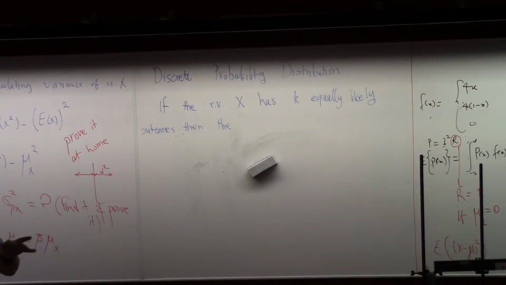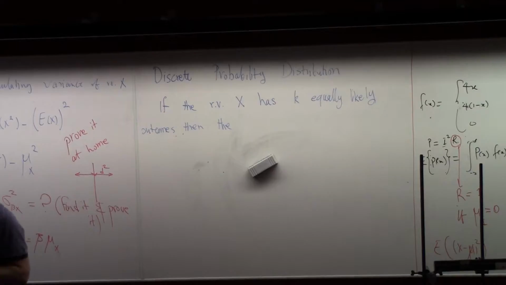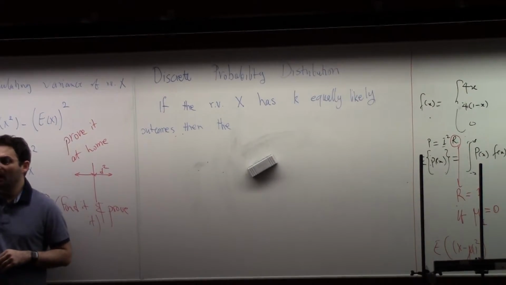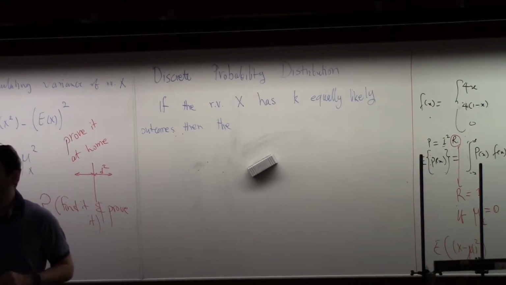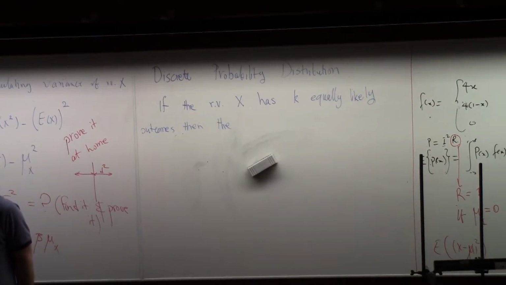Forget about that x is a random variable. Imagine that I have an event, I have a process, and I have 4 equally likely outcomes. I have a die, which I can draw, and I have 6 outcomes, and the probability of each of them is 1/6. Which type of distribution is this?